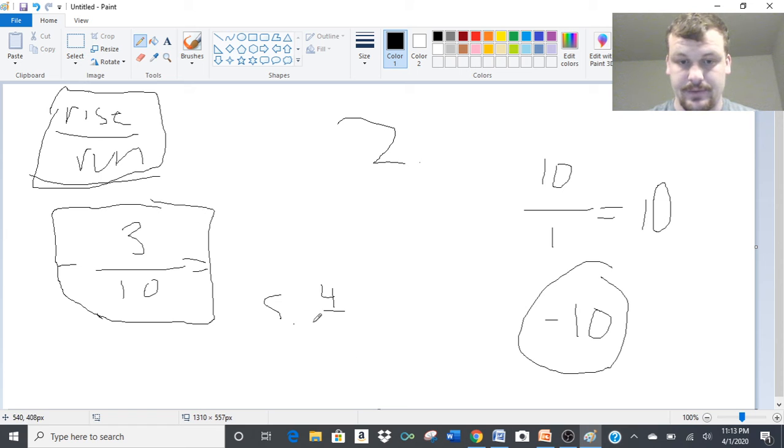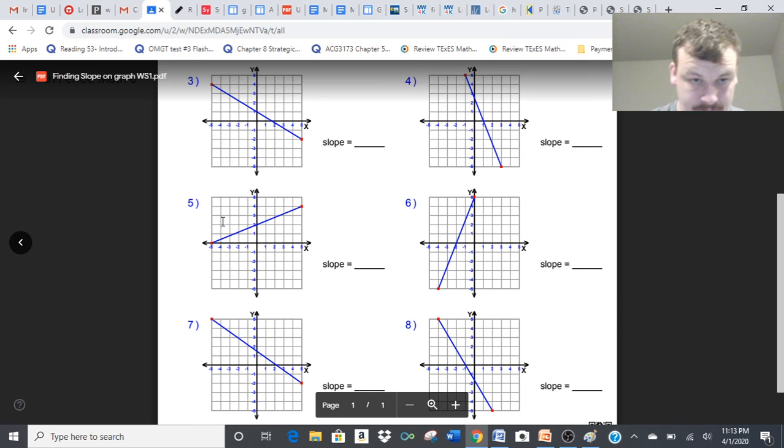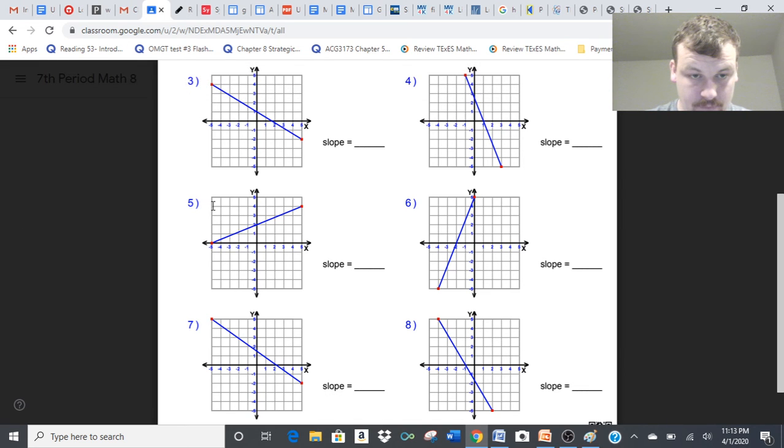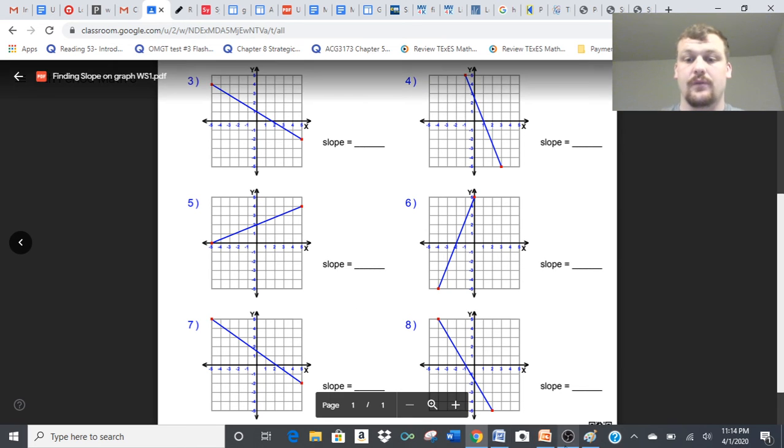We don't know what it is yet, we have to calculate it. So we're even with it at 4, and then we go 1, 2, 3, 4, 5, 6, 7, 8, 9, 10. 4 over 10.